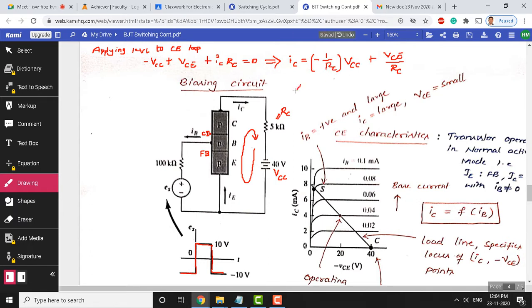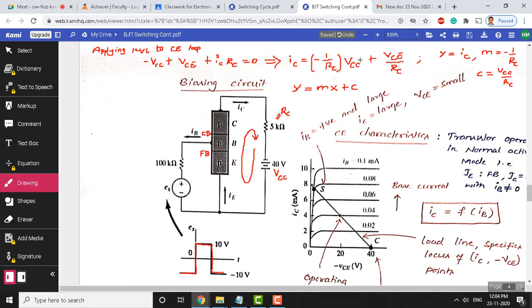This equation resembles a straight line equation like y is equal to mx plus c, where y is equal to IC, the slope m is equivalent to minus 1 over RC, and the y intercept c is equal to VCC over RC.